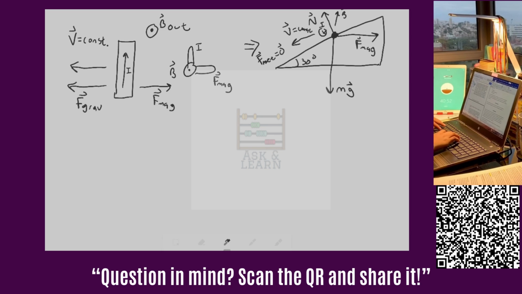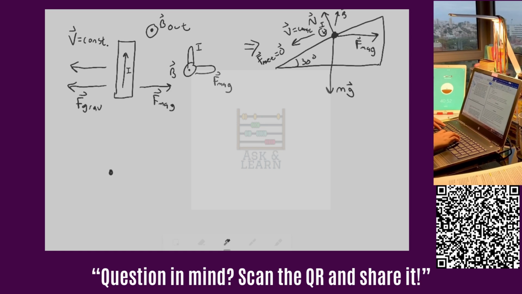So if we can figure out the components of the forces that are acting along the incline, we can balance those components and then hopefully solve for what we want to know, the current flowing through this wire. Because we know the current is related to the magnetic force, and the magnetic force is going to be part of the net force along the incline. So let's try to break these vectors down into the components that are along the incline.